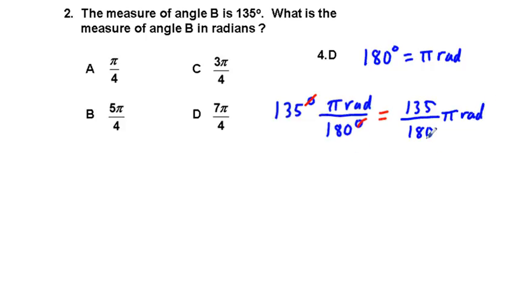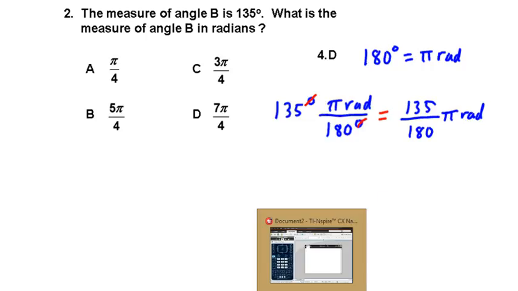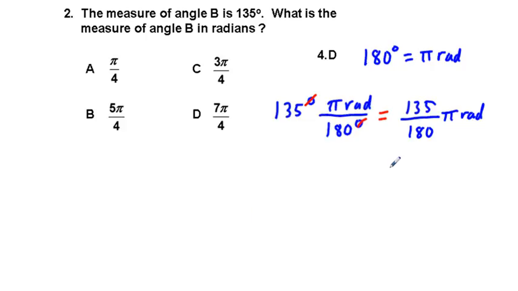And what you're going to get is 3/4 pi radians. I won't even do it on the calculator, but if you put it in a calculator, you'll get 3 pi over 4, and that would be in radians. So our correct answer for that will be answer choice C.